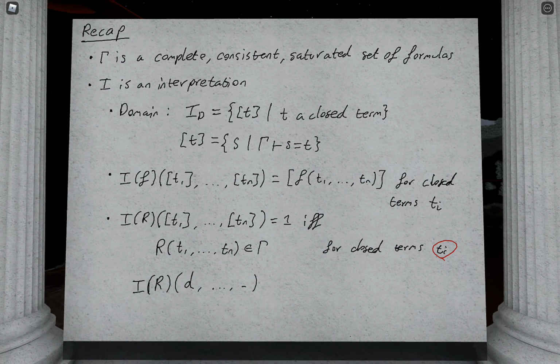If I'm just defining it as an object, to know whether or not I of R is true of this sequence of objects, I need to be able to extract some representative closed term from this equivalence class. And I'll be making use of that too in the proof of the proposition, which I'll state now.